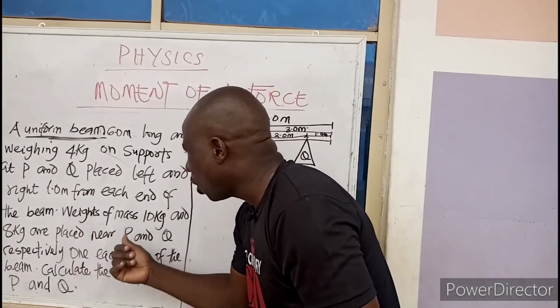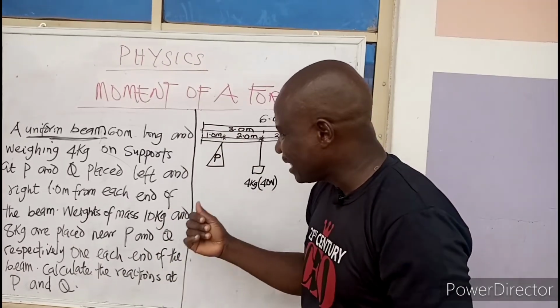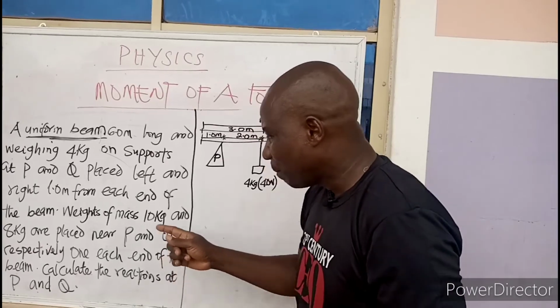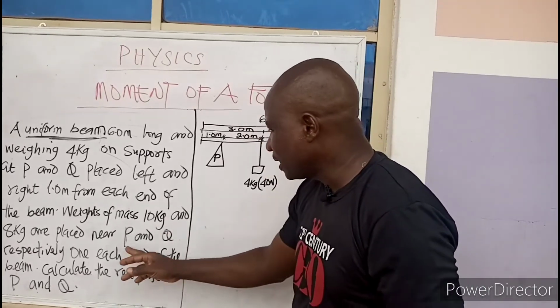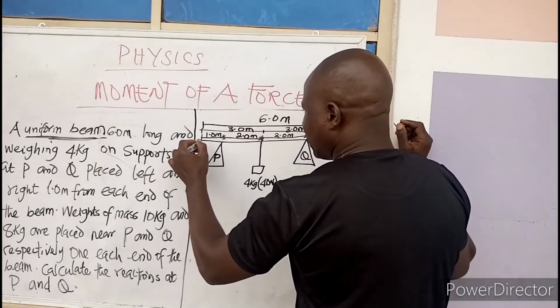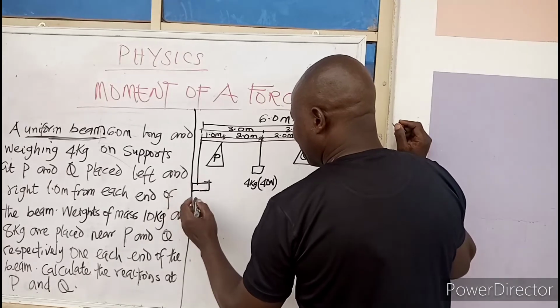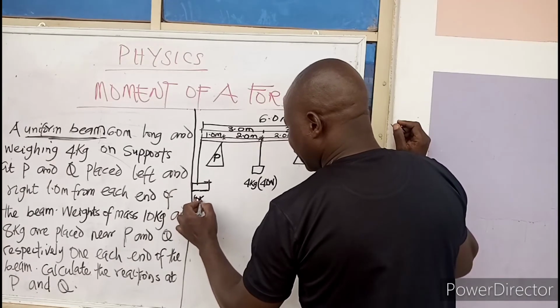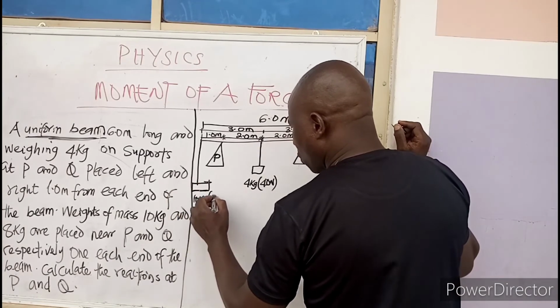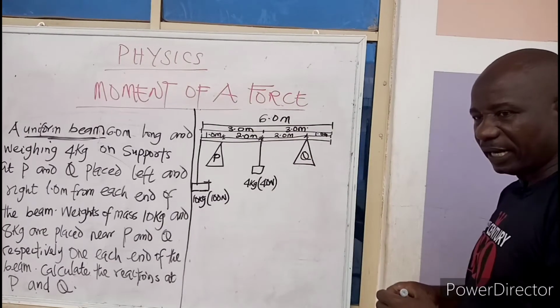They said weights of mass 10 kg and 8 kg are placed near P and Q. Who wants this 10? That is P. So near P, I have my 10 kg, which is same thing as 100 Newton. I multiply it by 10.